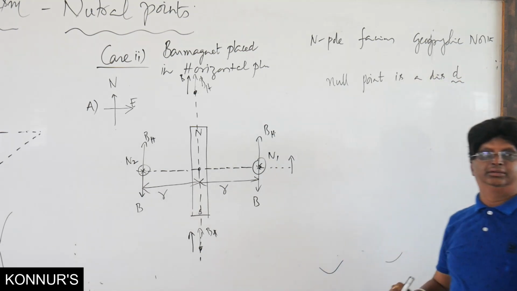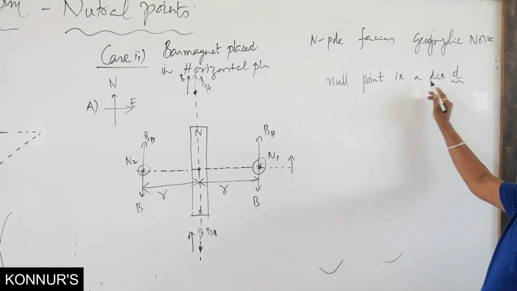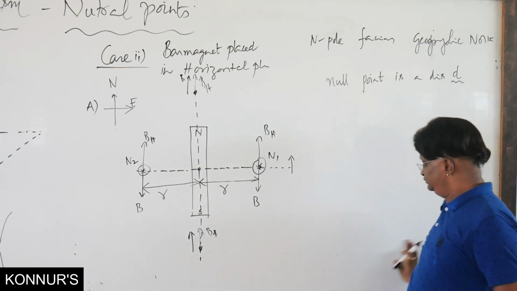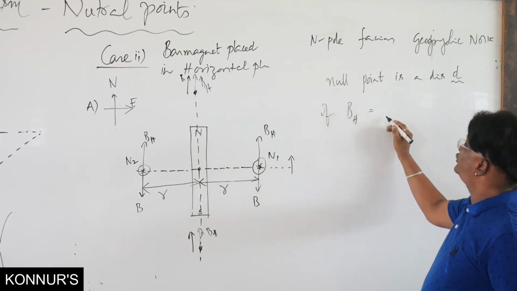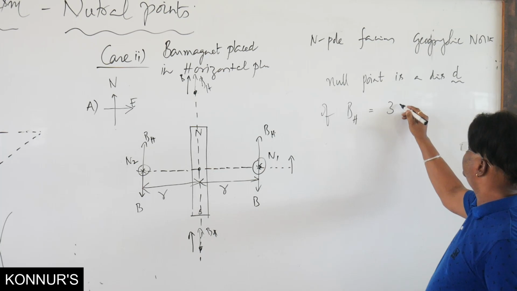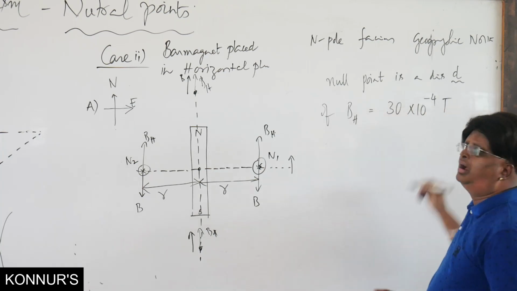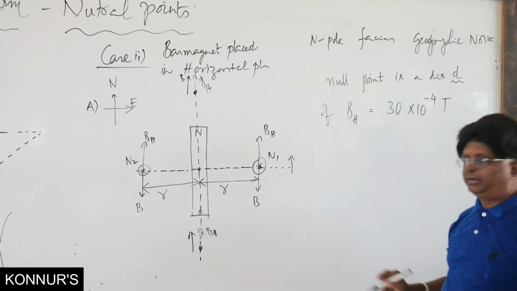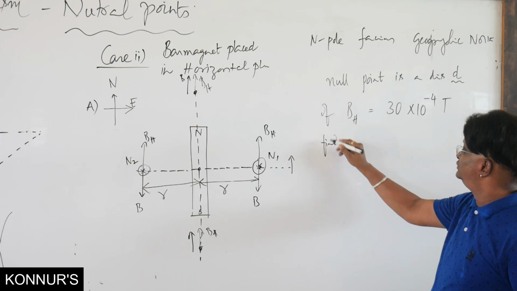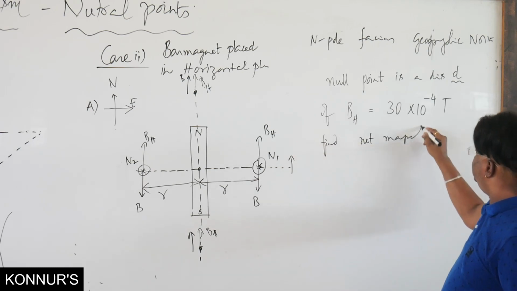Simply nothing else is said, no directions. Suppose BH is given as 30 into 10 power minus 4 Tesla at some given place. Find net magnetic induction.